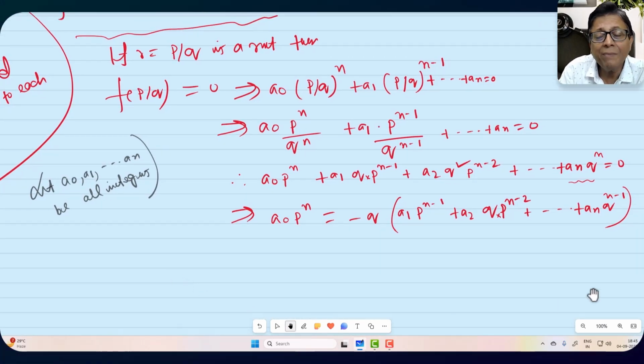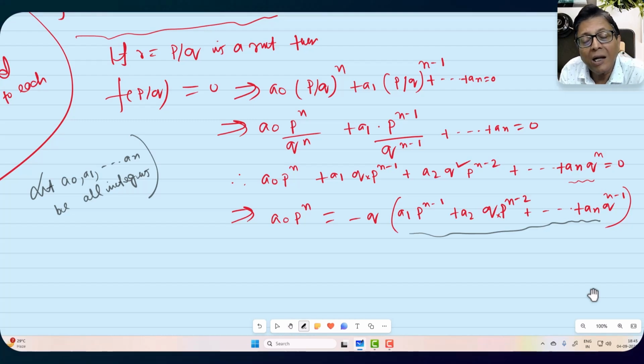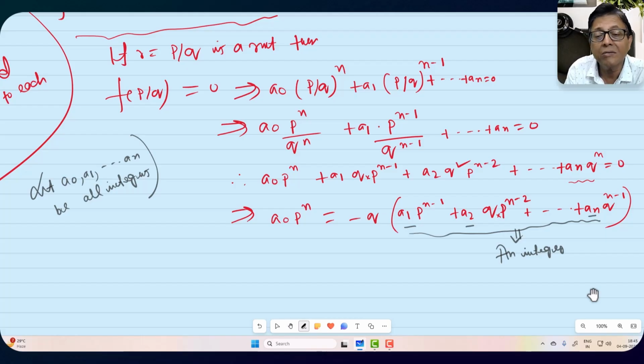Then, if they are all integers, you can see that this whole thing is going to be an integer because p, q are integers, they are prime to each other. And we have assumed all these a1, a2, a3, an, they are integers. So the bracketed term will be an integer.